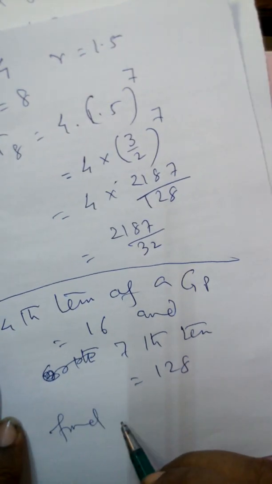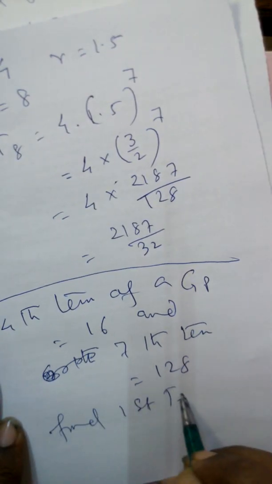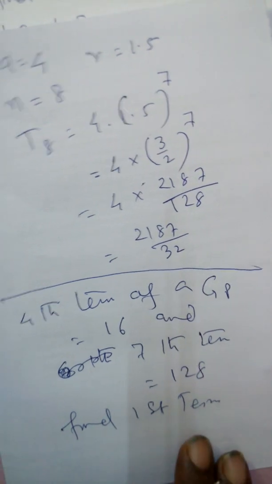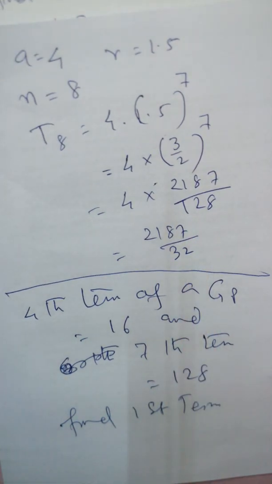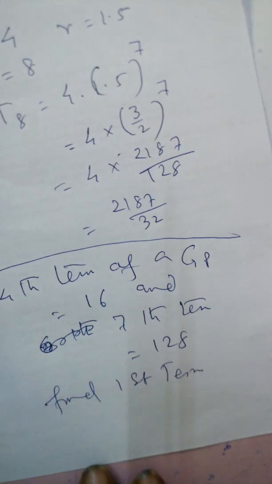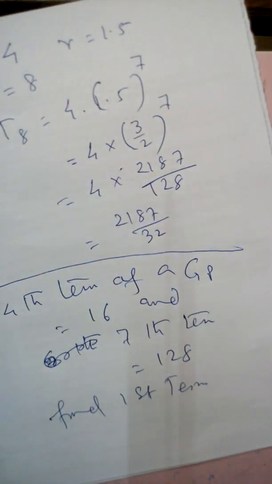Find the first term. So look at the question. The fourth term of a GP is 16, the seventh term is 128. Find the first term. You can find it with the help of observation without applying any formula. But I am just showing you how to apply the formula.